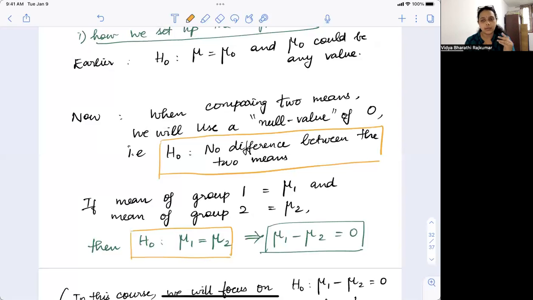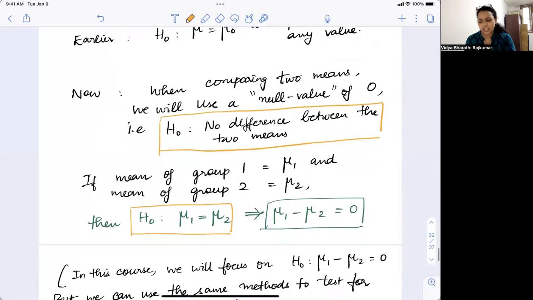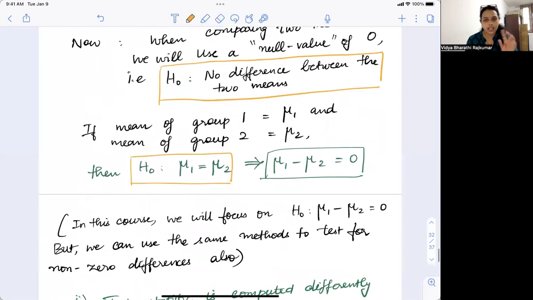There is no difference between the two means. So that's how we'll set up our null hypothesis. In this course, we'll focus specifically on the case where there is no difference between the two means. But in more advanced situations, you could use similar processes to look at non-zero differences also in your null hypothesis. But we'll ignore that for now.